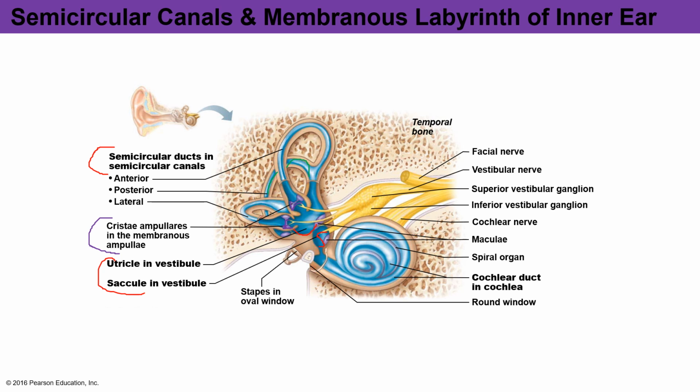We can see the nerves over here, so a little bit of facial nerve getting involved over here. We can see vestibular nerve, this big guy right here, going to all of this apparatus here.